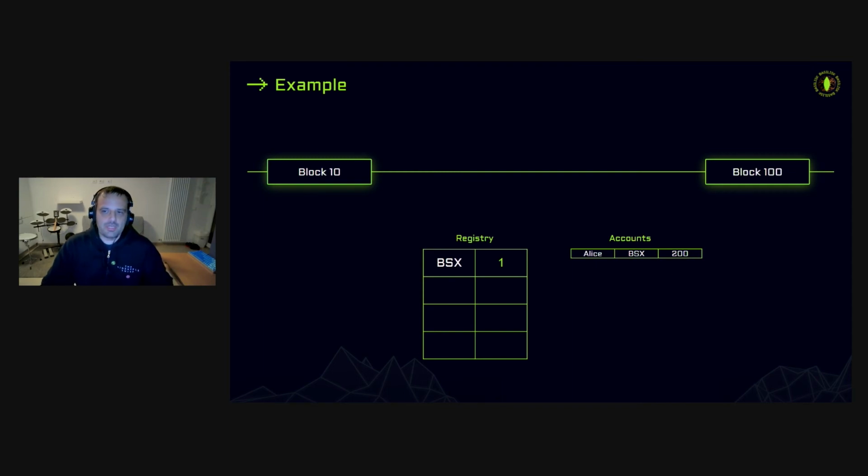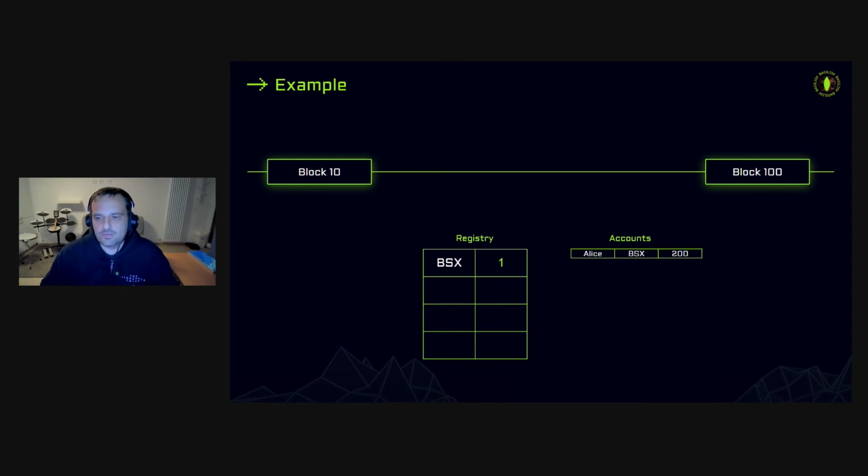Before we wrap it up, I also prepared a short, quick example, which demonstrates everything that we talked about in the last 17 minutes. So let's have a look at this example. Let's imagine that we are at block 10, and our registry looks like this.